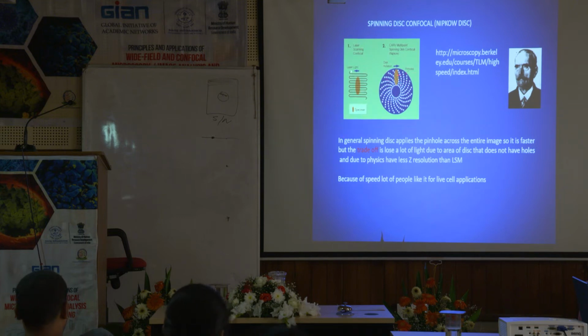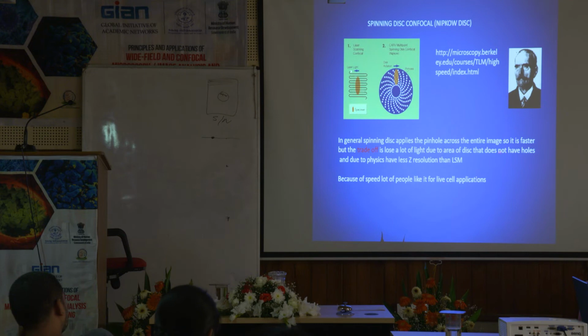The first generation of these I used to sell was called a spinning disc confocal, and we'd take it out for demonstrations and try to sell it, and we'd look at their sample, and their sample would be very dim to start with and we'd think, this isn't going to be a good day. And we'd have a heck of a time trying to get it to work. But if they had a very bright sample, then we'd be okay. But for dim samples, this just didn't work. Okay. And again, physics, everything's a trade-off.